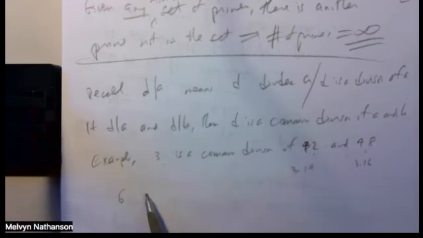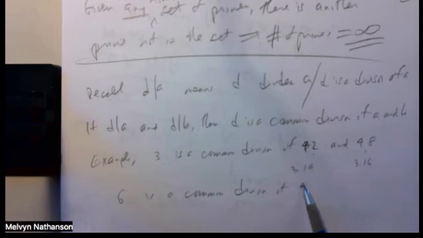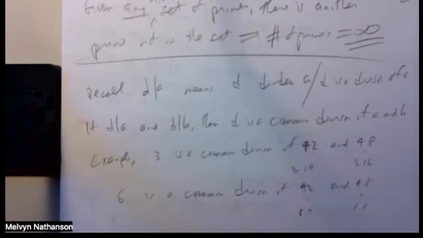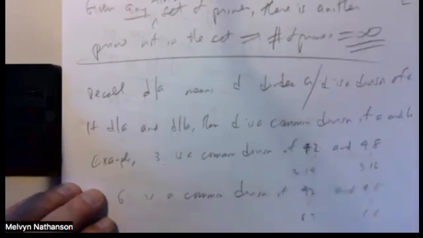6 is also a common divisor of 42 and 48, because 42 is 6 times 7 and 48 is 6 times 8. And the difference in this example between 3 and 6 is that they are both common divisors of 42 and 48, but 6 is the greatest common divisor. It's the largest common divisor.